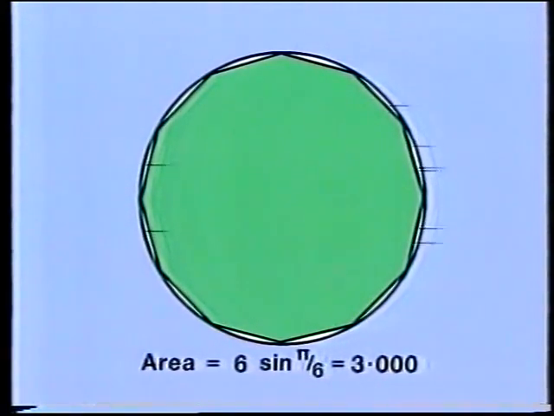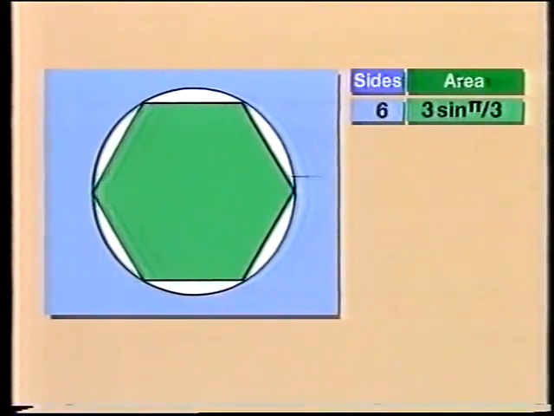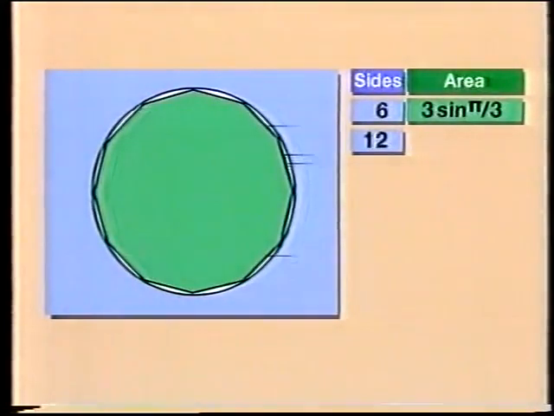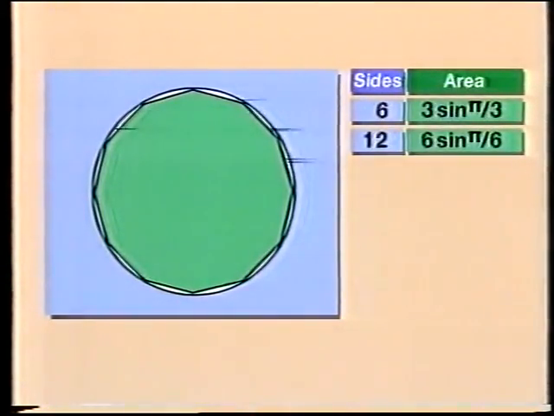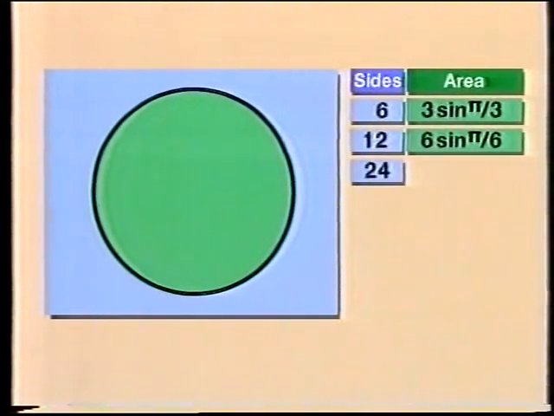Now, there seems to be a pattern emerging here. For the hexagon, 6 sides gives an area of 3 sine pi by 3, whilst 12 sides gives an area of 6 sine pi by 6. And if we continue to double the number of sides and halve the angles, we find that 24 sides gives an area of 12 sine pi by 12.